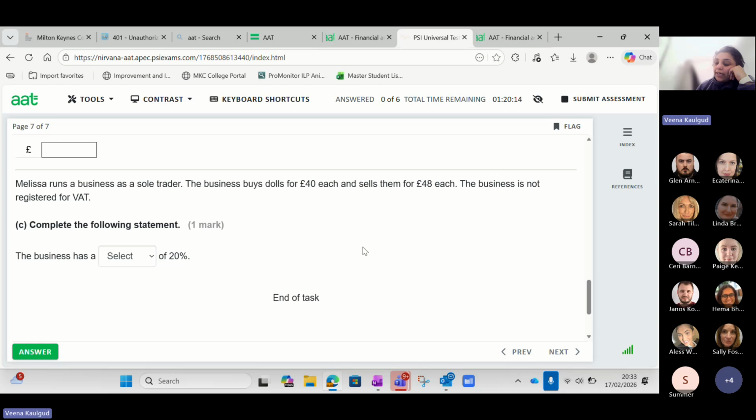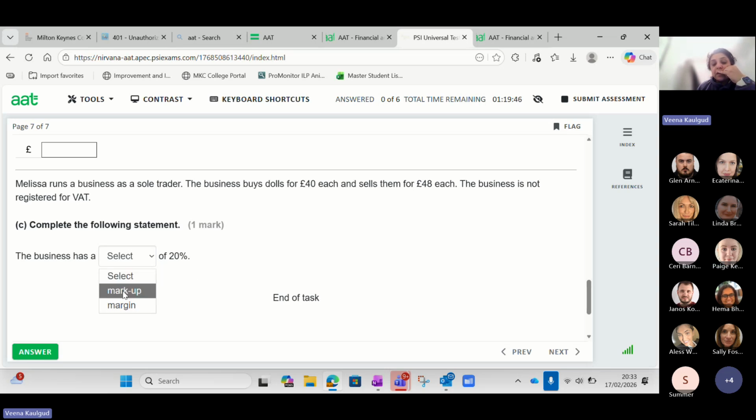So I do 8 divided by the purchase price, and you get a markup. It is a markup of 20% because it is not included in that. If you do the difference between these two, divided by the purchase price, you will get 20%.